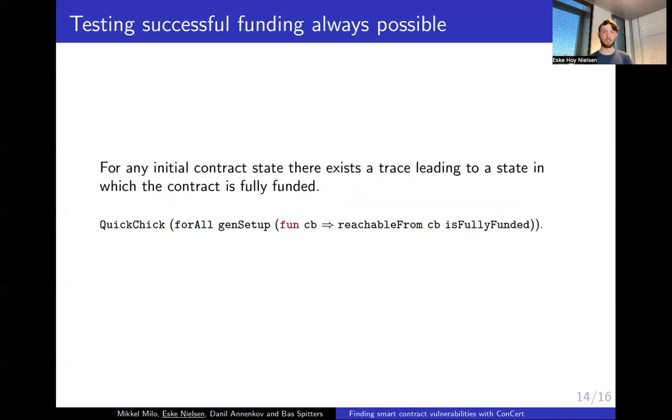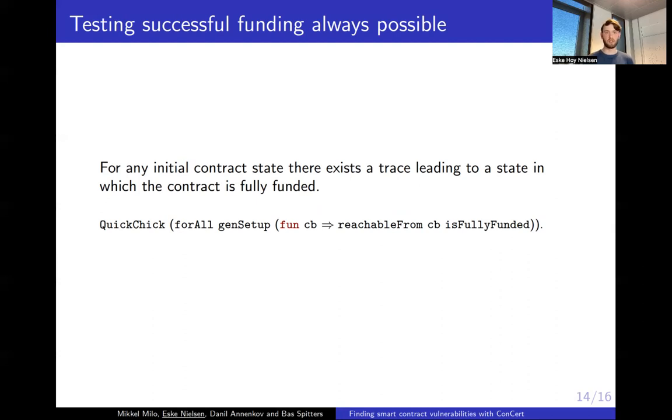One of the properties that we tested using this generator and this framework was the property that funding should always be possible. More specifically, for any initial contract state, there should exist a trace that would lead to a state in which the contract is fully funded. To test this, we need two things. We need a generator for initial configurations of the contract, and we need a predicate telling, given a state, whether the contract is fully funded or not.